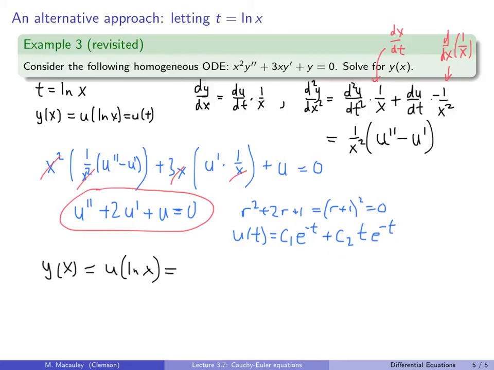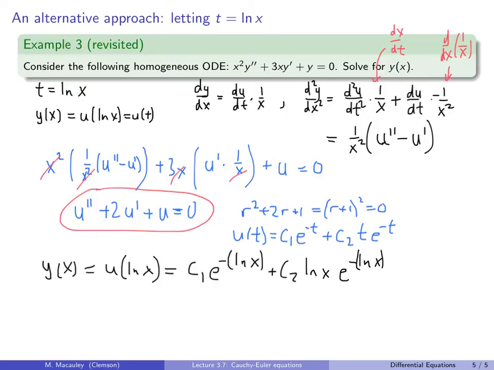So this is c1 e to the negative natural log of x plus c2 times, what was t again? t is the natural log of x. So c2 times the natural log of x times e to the negative natural log of x.